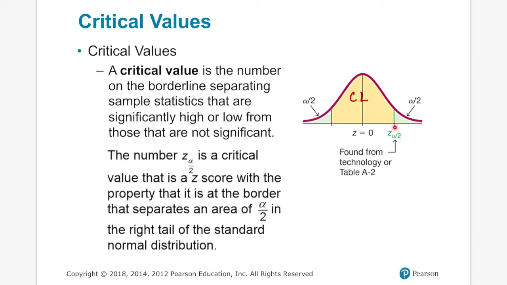And this value is z of alpha half, with area on the right of alpha half. The number z alpha half is a critical value that is a z-score with the property that it is at the border that separates an area of alpha half in the right tail of the standard normal distribution.